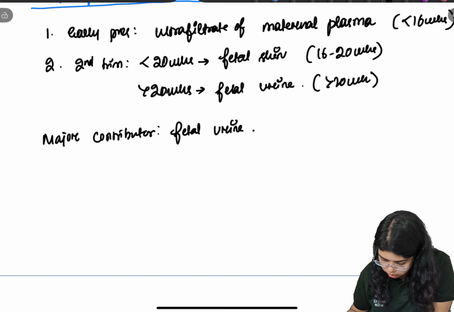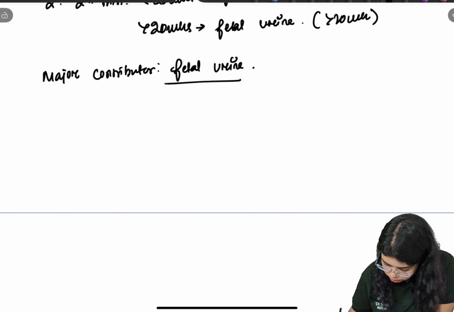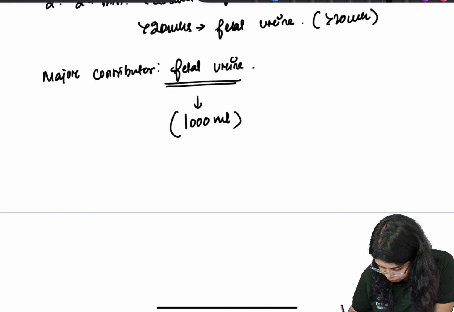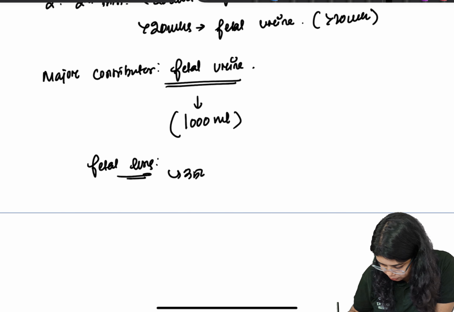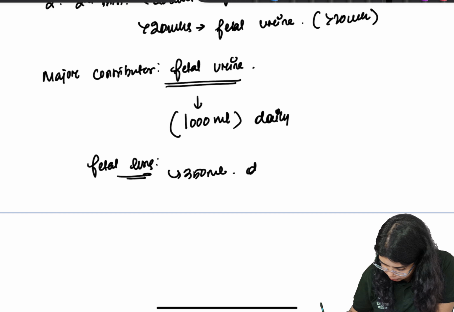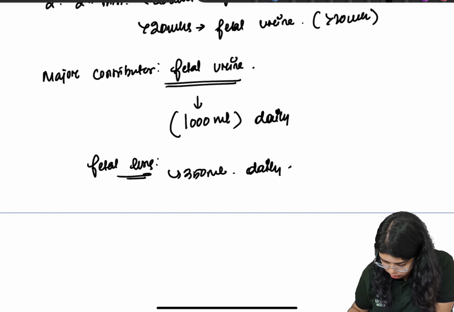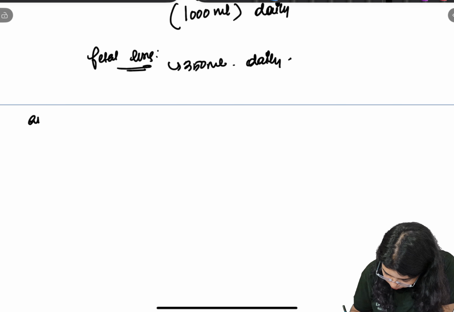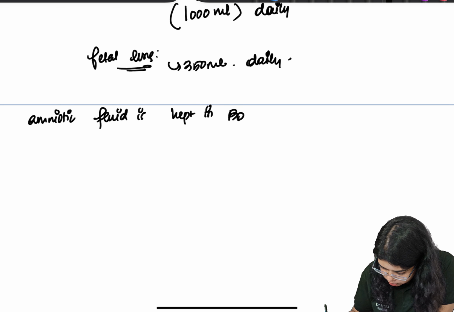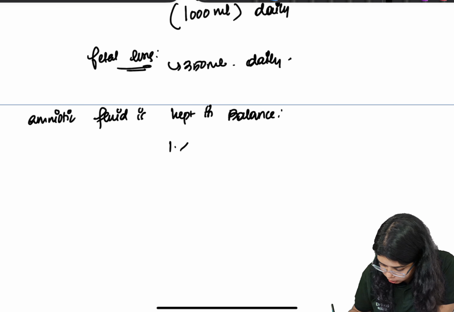Then what is the contribution? Fetal urine is approximately 1000 ml, and the fetal lung is 350 ml daily. The amniotic fluid is kept in balance by fetal swallowing.